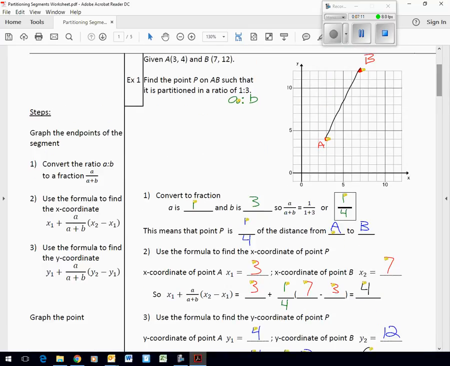If I had a great graph, it would help. 1, 2, 3, 4. 1, 2, 3, 4, 5, 6. Okay, the board's a little off, but that is point P. And point P is 1/4 of the total distance from A to B.